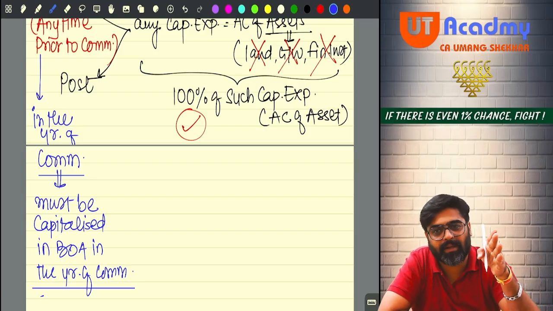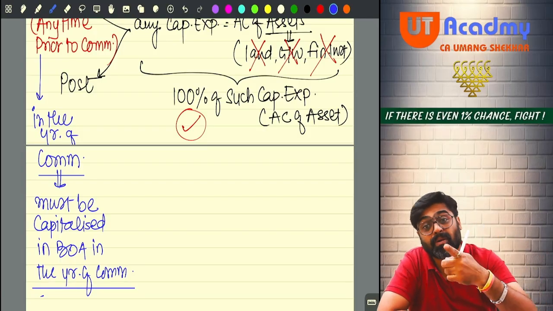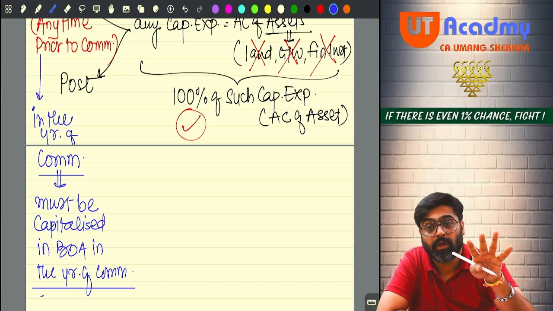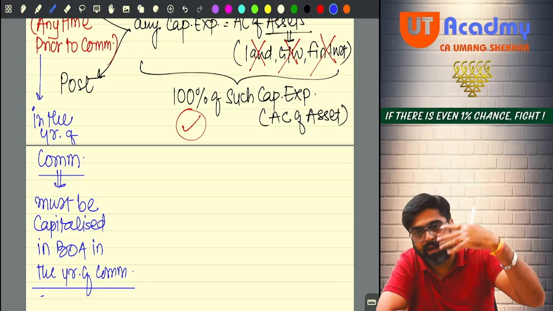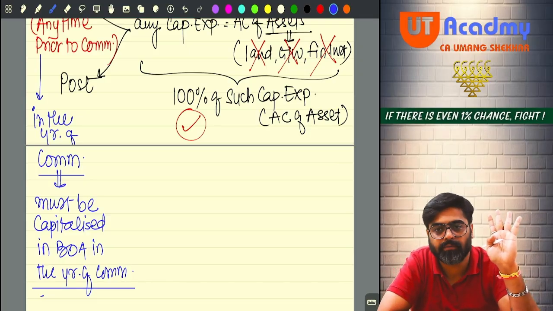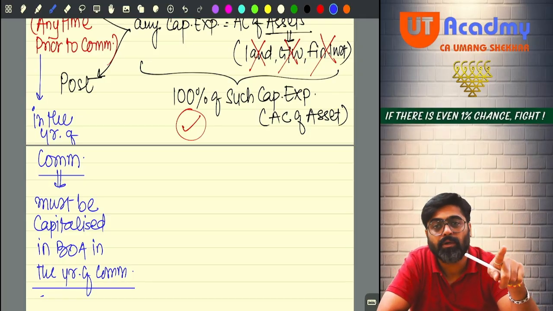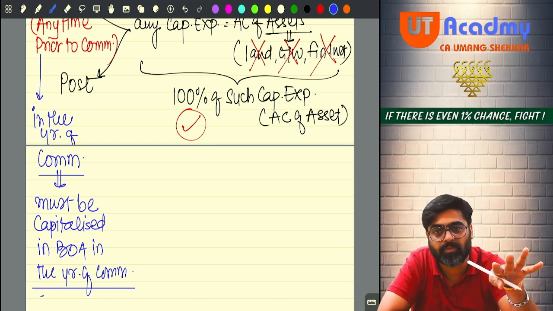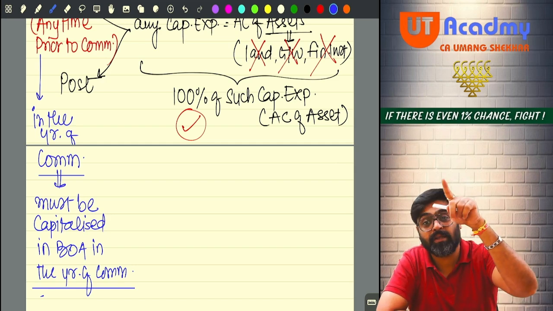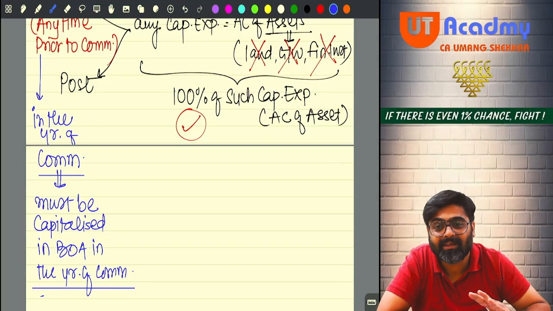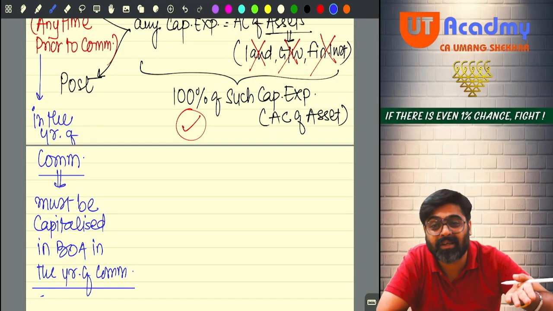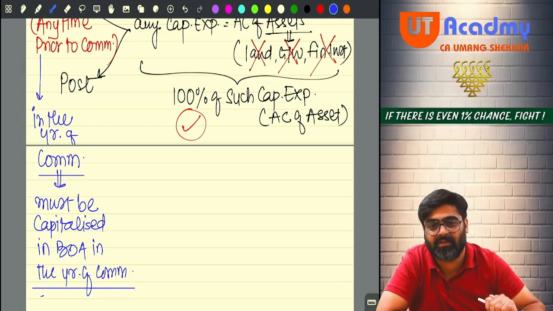Simply I tell you, in the first year's balance sheet you have shown these assets. That's it. Meaning capitalized in the year of commencement. So whatever capital expenditure which you have incurred prior to commencement of business, we will allow all those capital expenditures also. Whenever done, we will allow that in the year of commencement only. But wait, to claim that, those assets must be capitalized in your books. Meaning those assets should be shown as your assets in the first year's balance sheet.